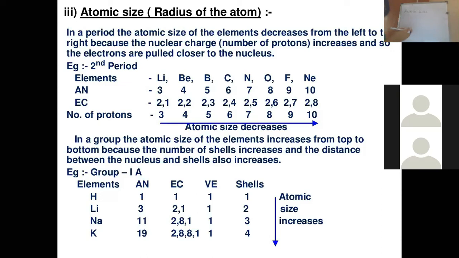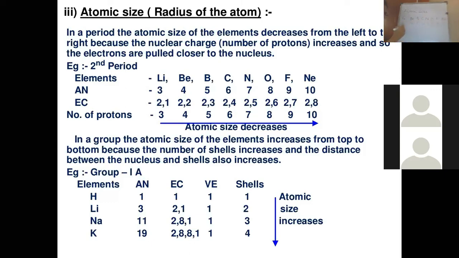The reason is that when we move across the horizontal row, or period, there is a proper reason for the atomic size decreasing. Again, if I talk about lithium, beryllium, boron, carbon, nitrogen, oxygen, fluorine, neon, the atomic numbers are 3, 4, 5, 6, 7, 8, 9, and 10.